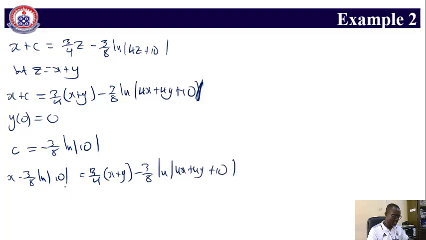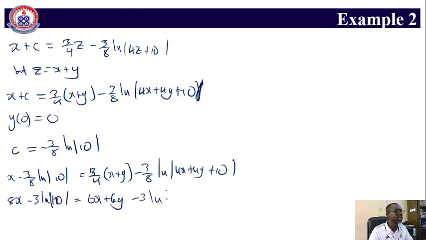We want to simplify this by multiplying through by 8, so you're going to get 8x minus 3 ln 10 equal to 6x plus 6y, I've multiplied this here, minus 3 ln of 4x plus 4y plus 10.